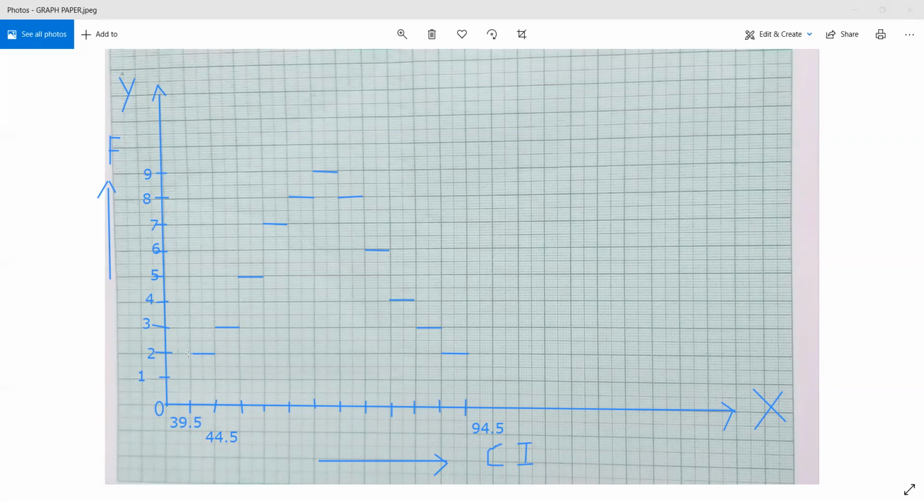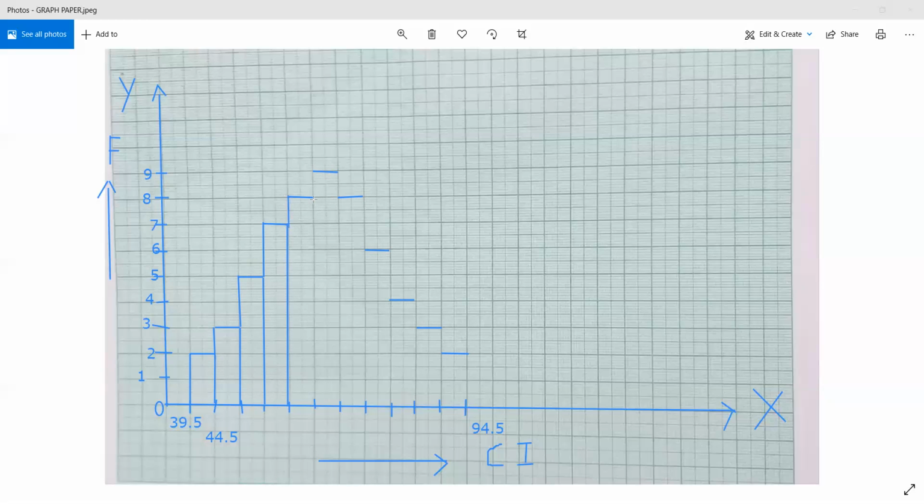All right. You can use a pencil and a ruler in order to get the straight histogram, an upright straight histogram. Right, so I'm joining the points one by one.